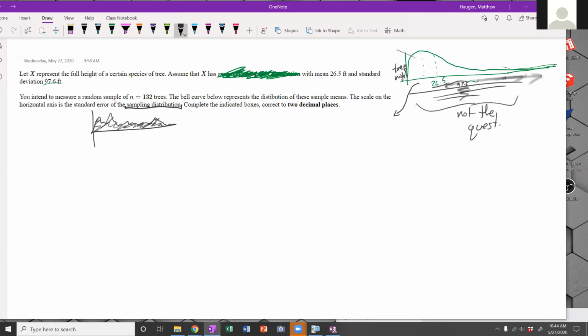So if we've got messy data, somebody's going to come around and take samples. And if we took a whole bunch of samples, like if I had everybody in class go out and take a bunch of samples, each of their samples should roughly mimic the population distribution, because that's what a sample is supposed to do.